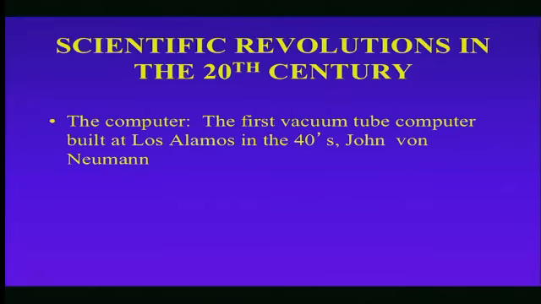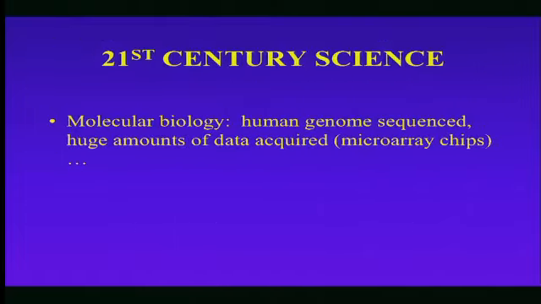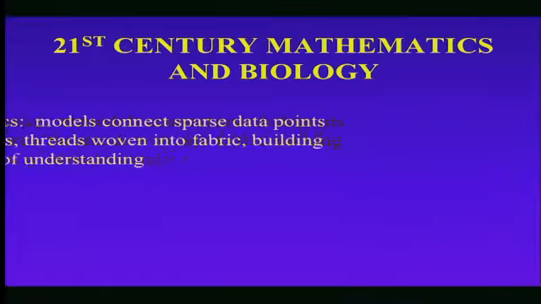But in the 20th century, what were the big scientific revolutions? Well, to me, it was the computer, and it was, of course, DNA here in Cambridge at the Cavendish lab. And in molecular biology, as you heard from John Toland's letter, the human genome has been sequenced. You have huge amounts of data acquired, microarray chips, so on, just a flood of data. We also have computational ability, which is huge and growing, in order to understand what this data is telling us.